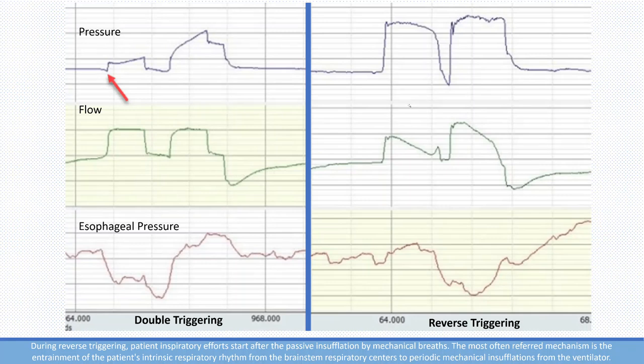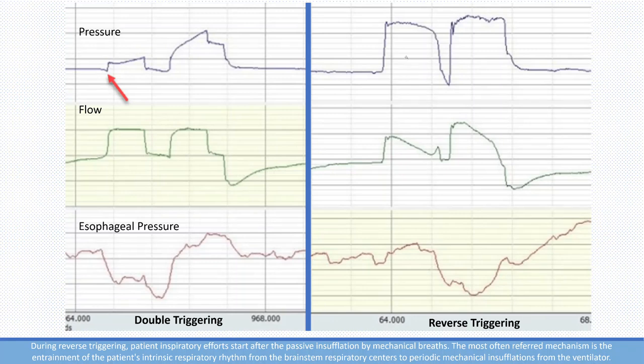We call it entrainment, meaning that the patient's intrinsic respiratory rhythm from the brainstem respiratory centers is taken over by the periodic mechanical insufflations of the ventilator.